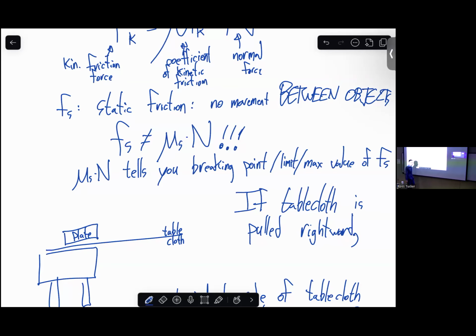It is a muy common goof for people to be given a static friction coefficient and jump to static friction equals mu s N. No. Mu s N is the maximum value you can get. Static friction can apply less. Static friction can apply 0. Static friction can apply that value. If you try to get static friction to exceed mu s N, then slippage happens. The mu s N equation is the maximum value.